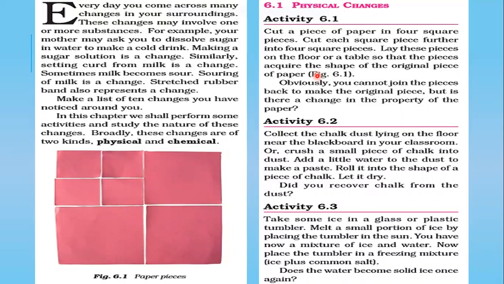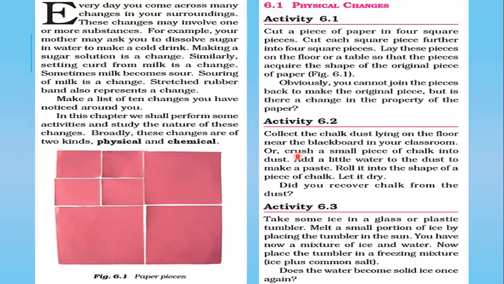In the same way, the second activity says, collect the chalk dust lying on the floor near the blackboard in your classroom, or crush a small piece of chalk into dust. We cannot do the first one as we are missing the school now. We can do the second one. Take a piece of chalk and crush it. Crush means powder it into dust.